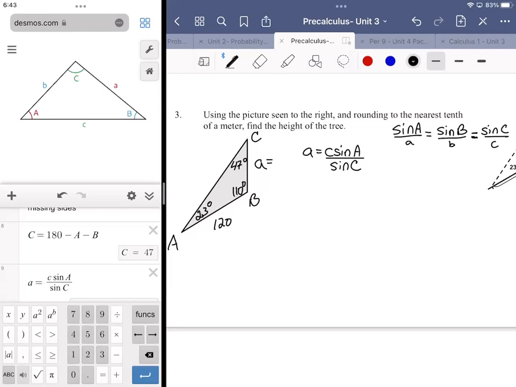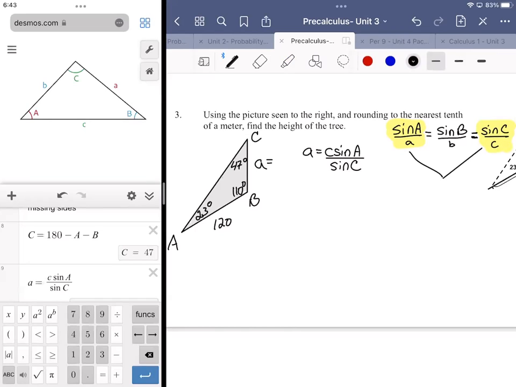Now, in this scenario, I'm looking for side A. Right? That's the height of the tree. So I would want the ratio that incorporates side A. I know information about side C and angle C, so I'd want to have that involved in my computation also.